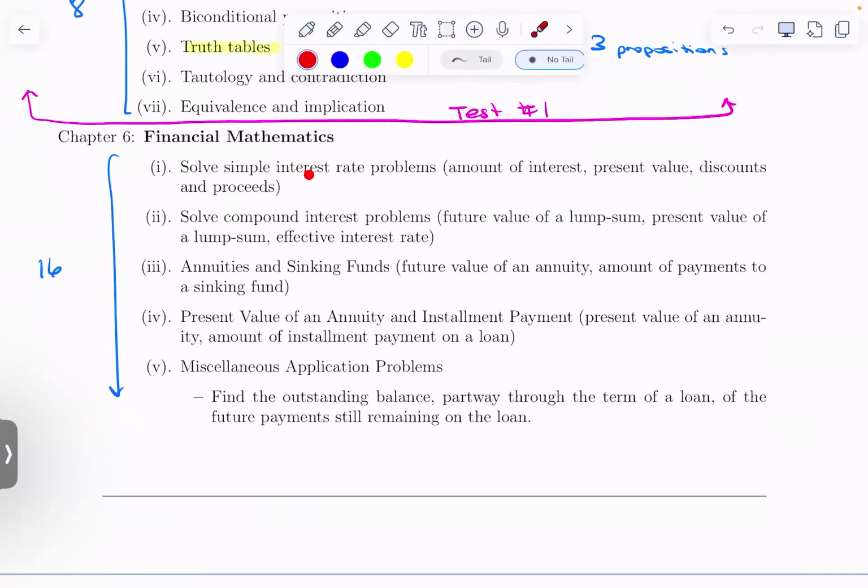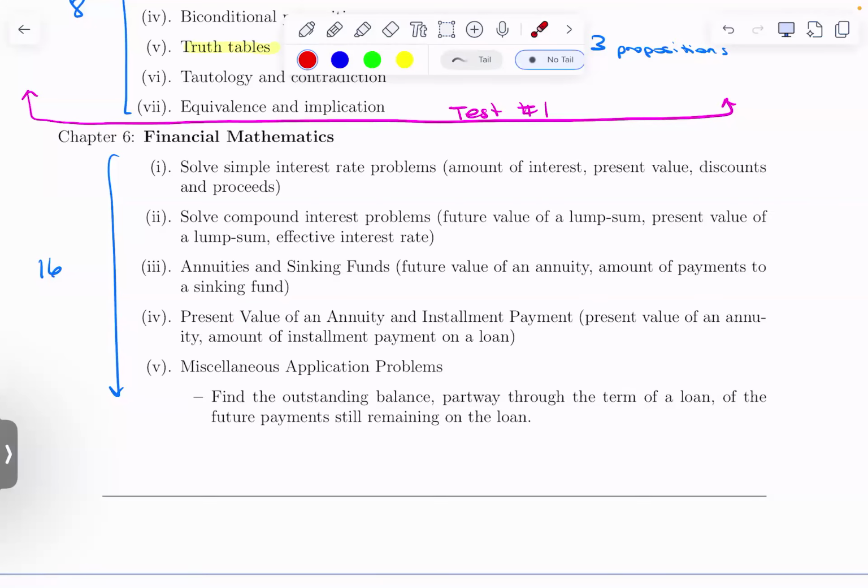What did we do? We talked about simple interest problems, right? We found the amount of interest, the present value, discounts and proceeds. We solved compound interest problems, right? We worked on annuities, right? Regular payments and sinking funds, right? We did the present value of an annuity and an installment plan or payment, right?